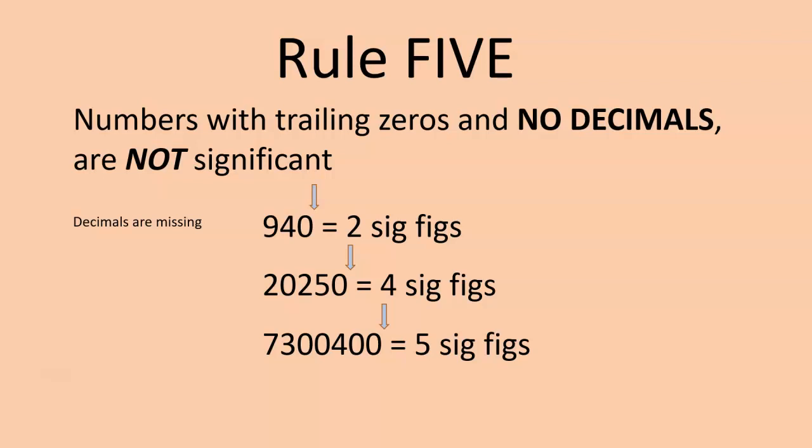So in our 940, we have 2 significant figures. 20250, 4 significant figures, and you guessed it, 7300400. Those last 2 trailing zeros are not significant. Those other 2 sandwiched between the 3 and the 4, those will be significant because they are in between 2 non-zero values. Just know that decimals are missing.